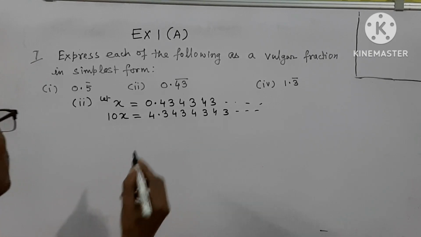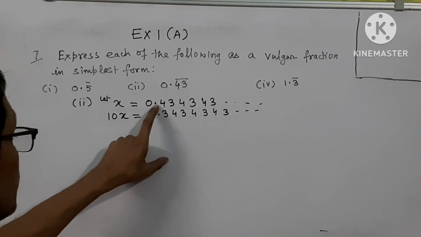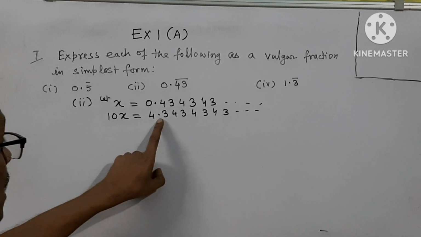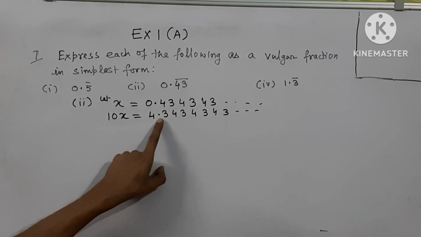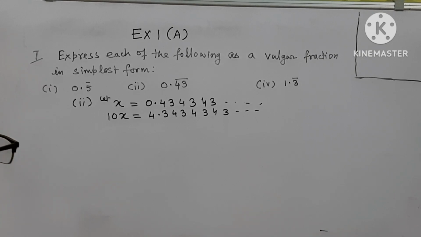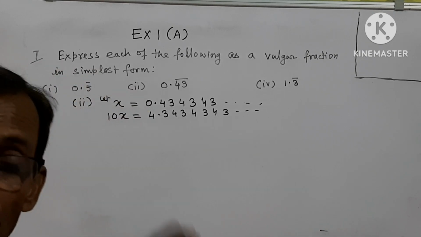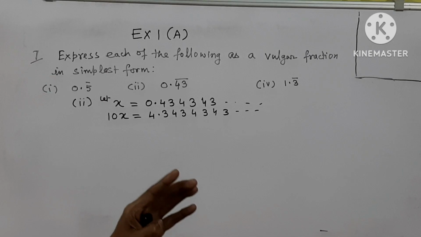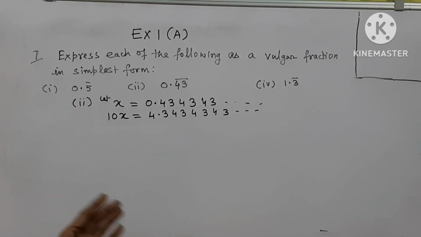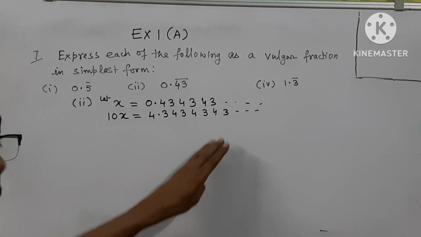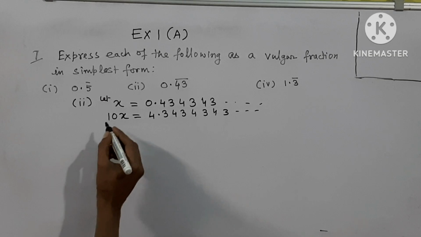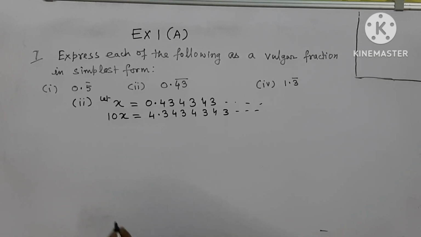Now you see, after the decimal it is 434343, but here after the decimal it is not 43, it is 343434. So if you subtract with the trick you have applied in the previous sum, then the right side will not become 0. So you have to multiply one more time with 10.